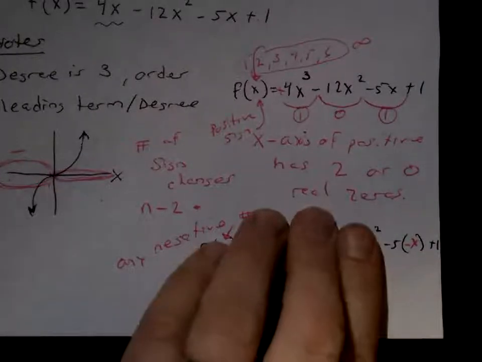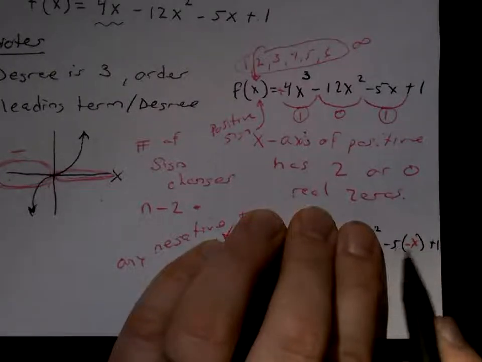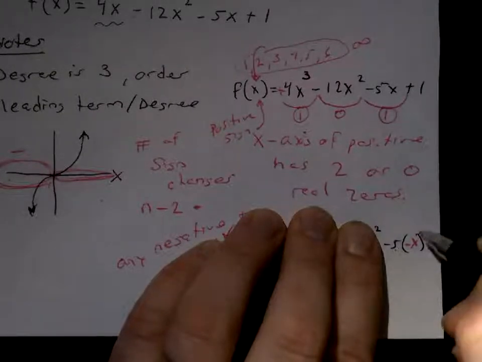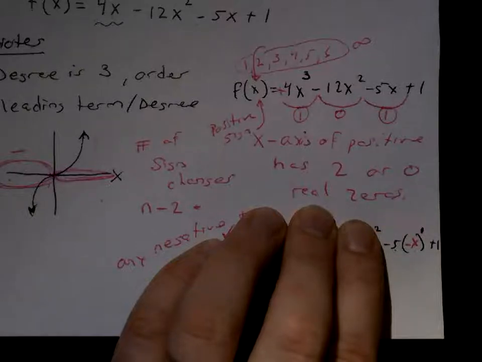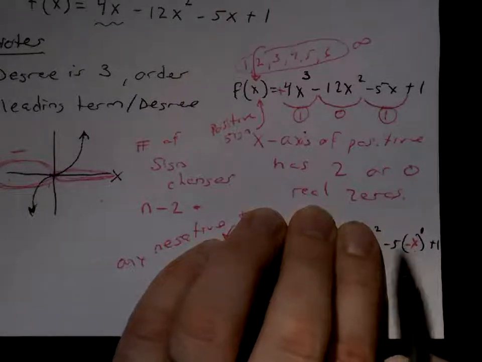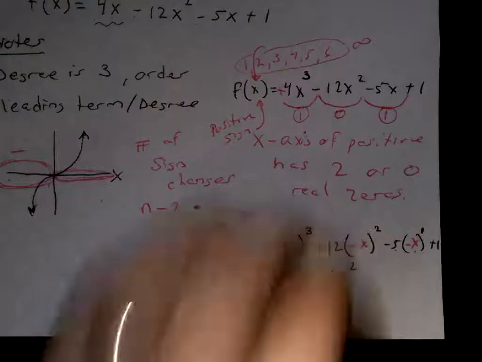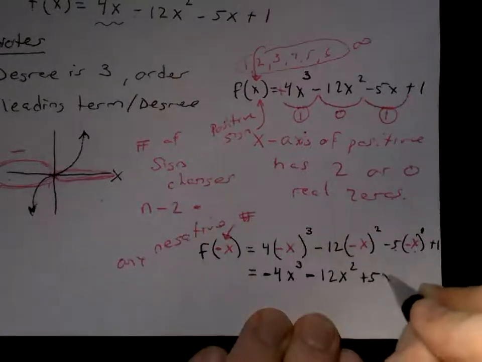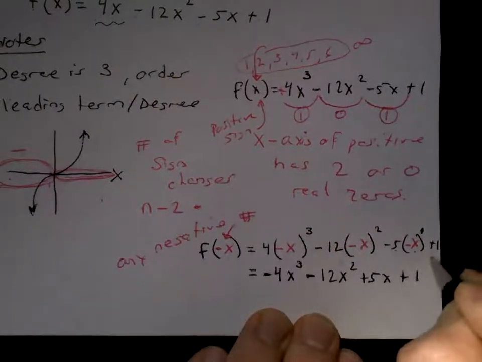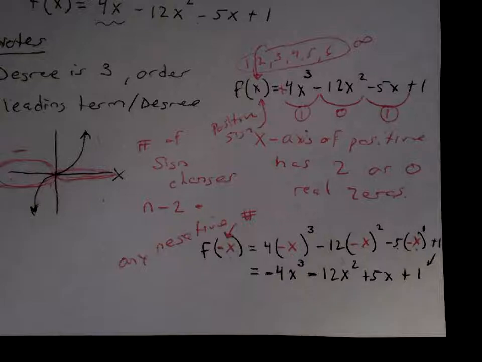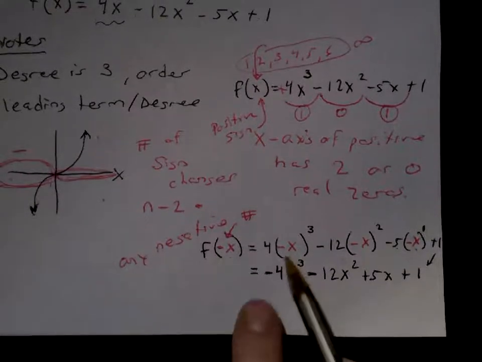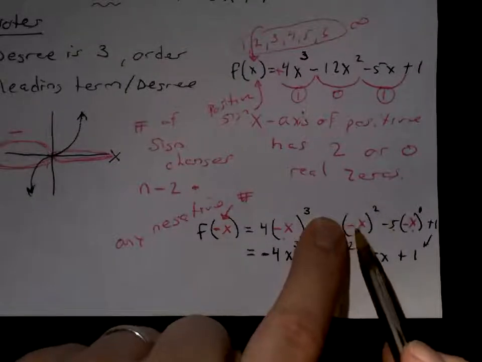Over here, we have a negative and a negative because we have a power of 1. So that's still going to be negative. And a negative times a negative is going to be a positive. So that's going to be 5x. And then that 1 is just going to still come down there. It doesn't do anything.